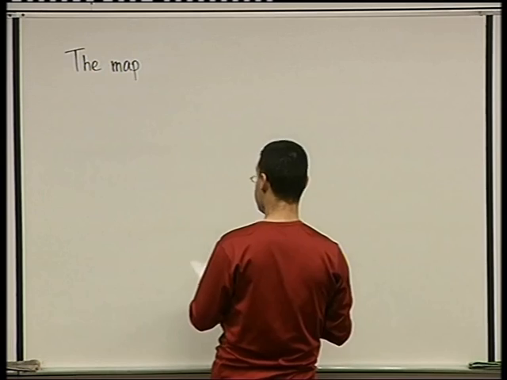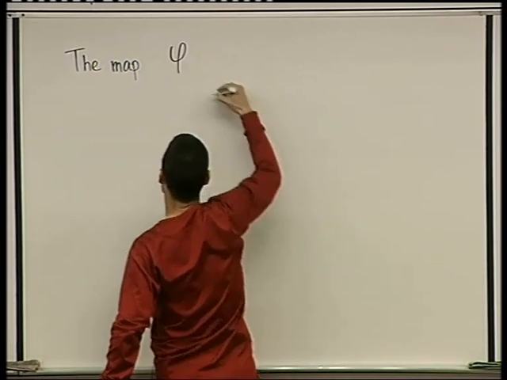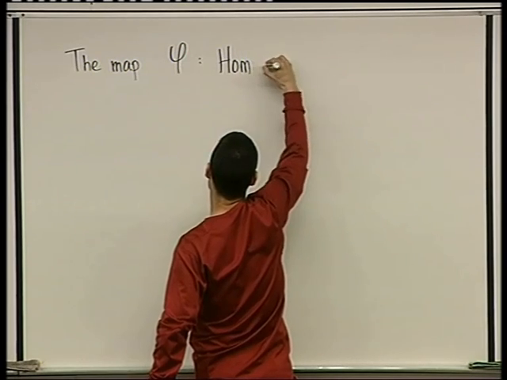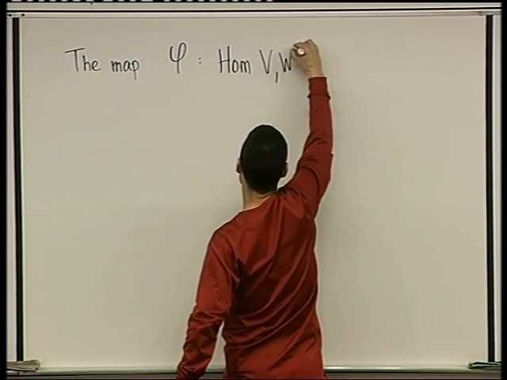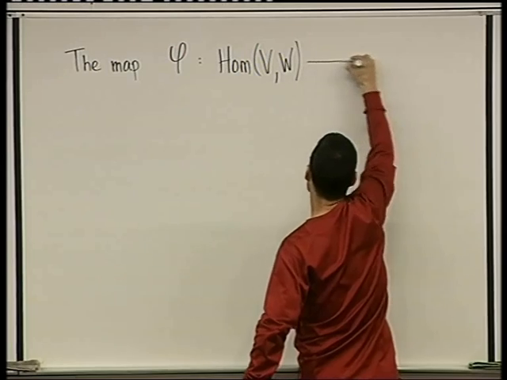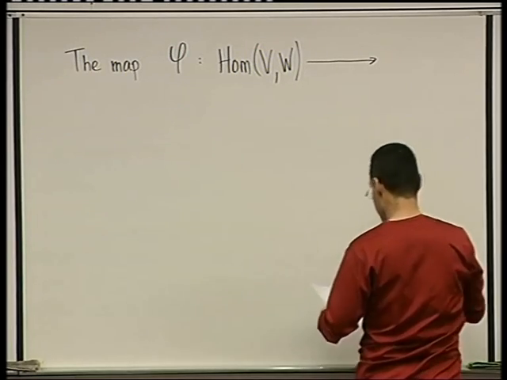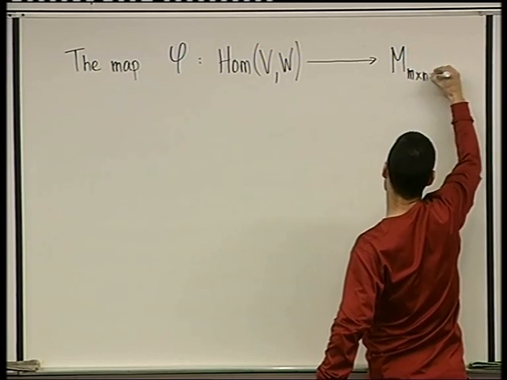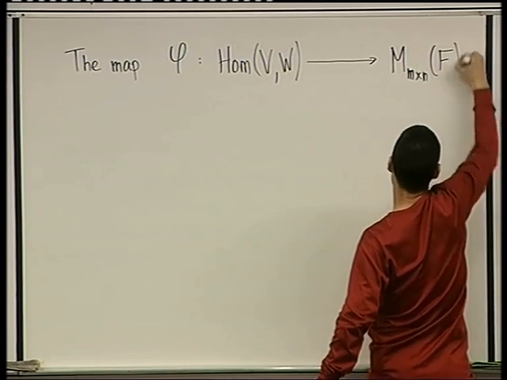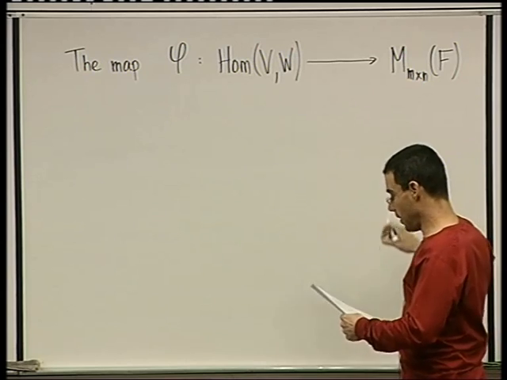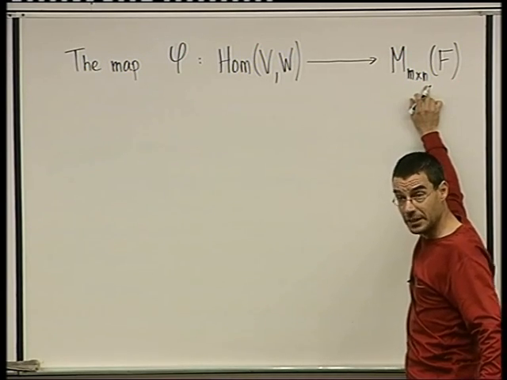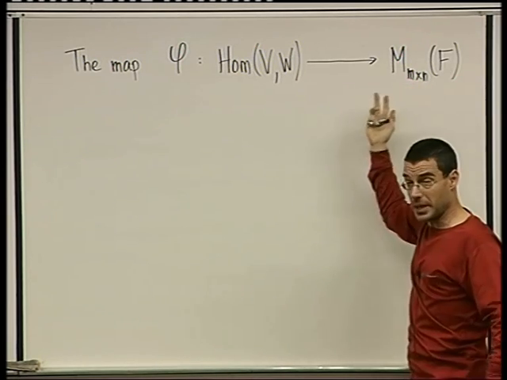The map phi goes from Hom(V,W) to m by n matrices over F, where m is the dimension of W and n is the dimension of V. That's the range.